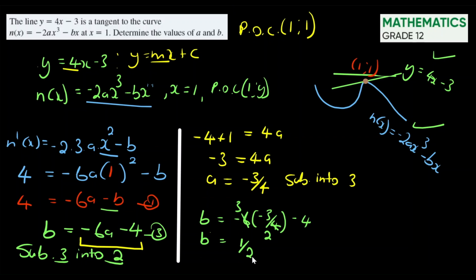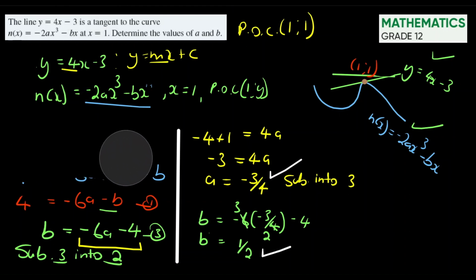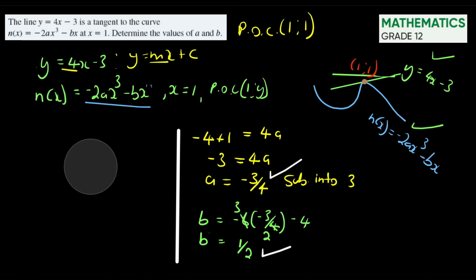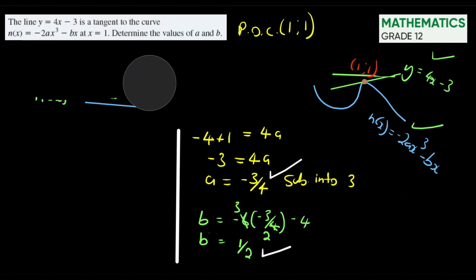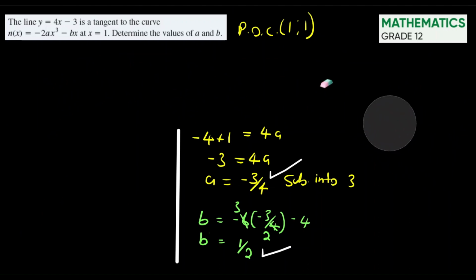So we've calculated what our b value is, which is a half, and we've calculated what our a value is, which is negative 3 over 4. So to quickly summarize what we've just done, we've calculated our a and b values.